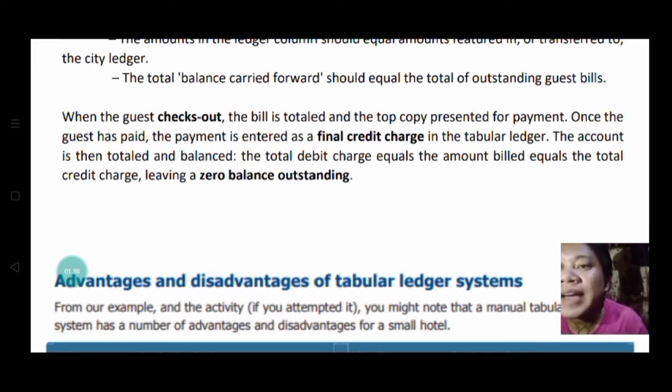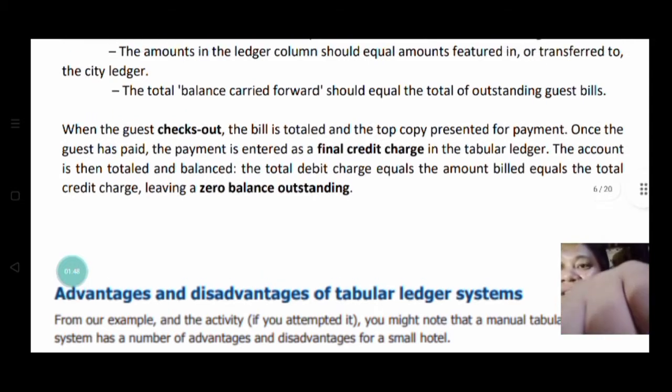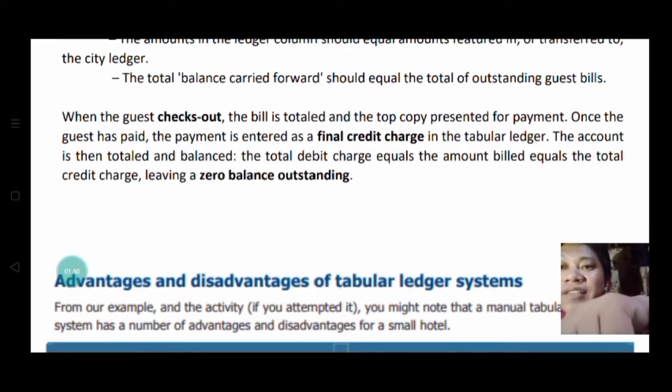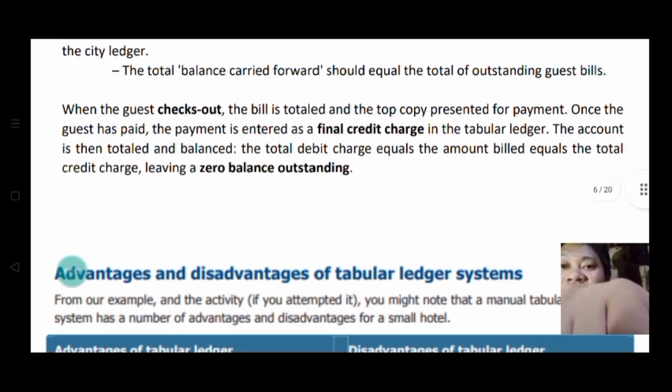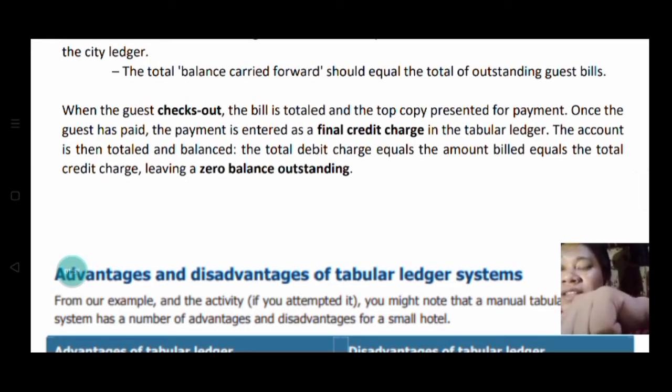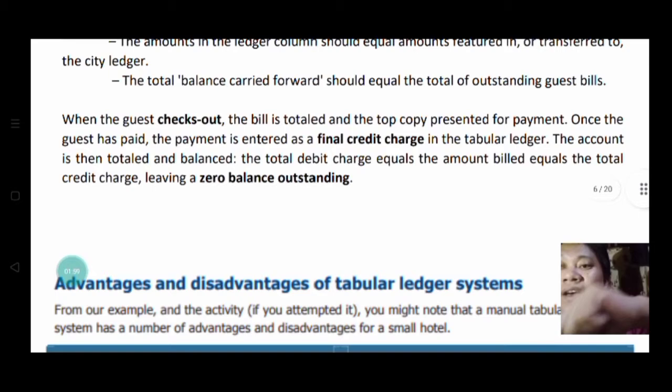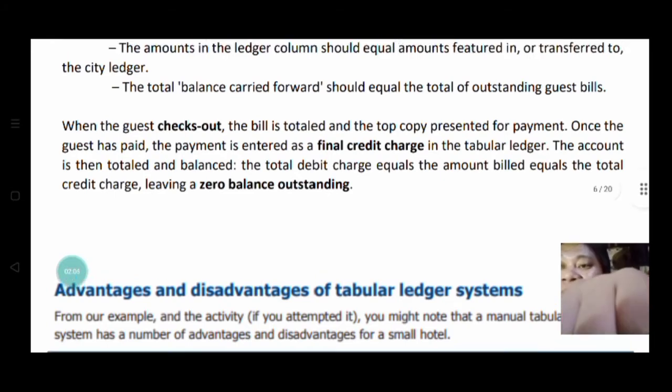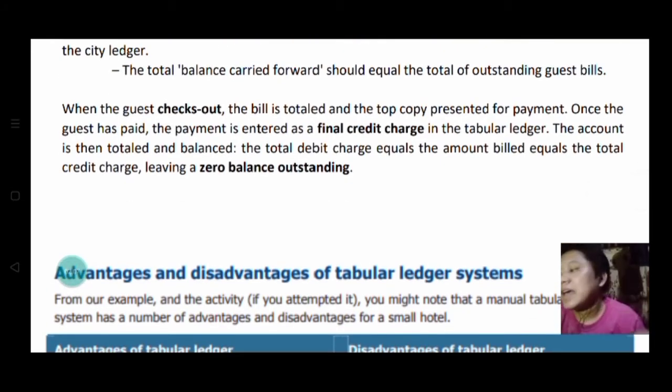When the guests check out, the bill is totaled and the top copy presented for payment. Once the guest has paid, the payment is entered as a financial credit charge in the tabular ledger. The account is then totaled and balanced. The total debit charge equals the amount billed equals the total credit charge, leaving a zero balance outstanding.